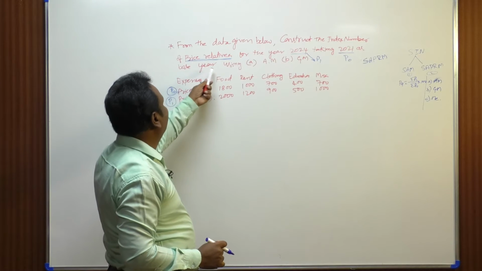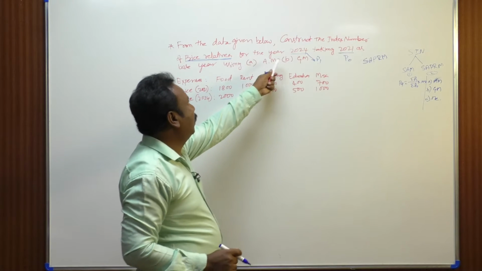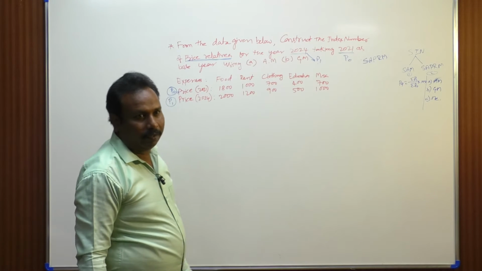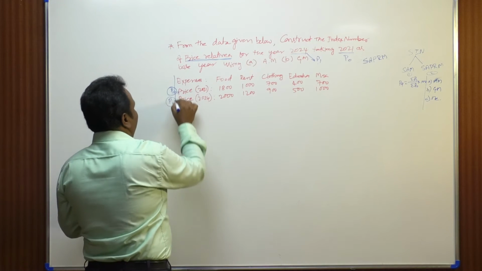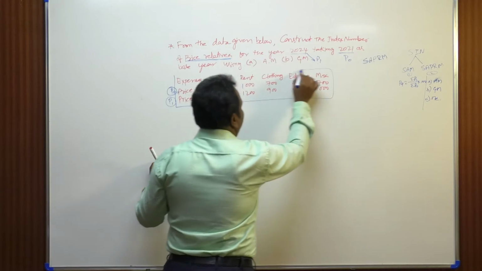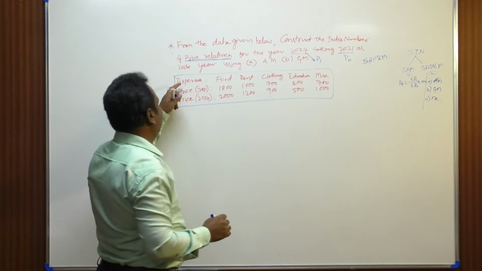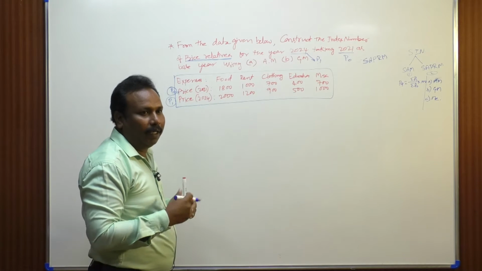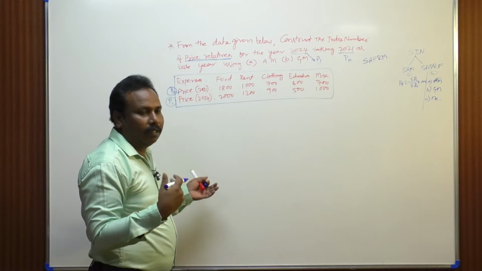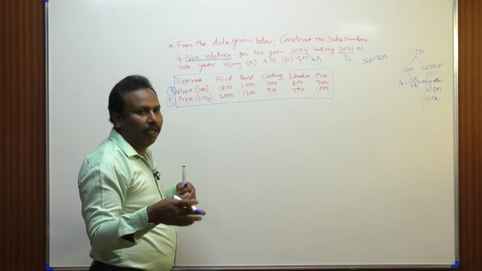Using the arithmetic mean method and geometric mean method. So what data is given? The data is related to various expenses. In earlier cases, commodities were given, commodity A, B, C, like wheat, sugar, oil, fuel.